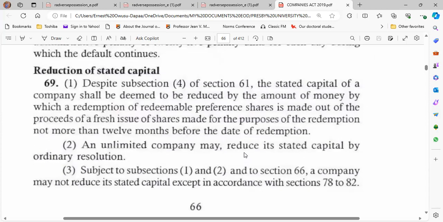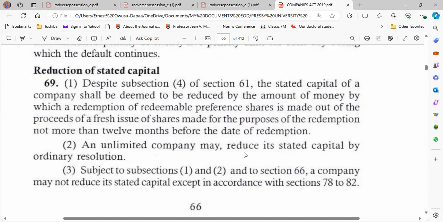But there's a strict procedure which must be followed before a company limited by shares can reduce its stated capital. And that is why an exemption has been created for an unlimited company. For an unlimited company, it's enough for you to pass an ordinary resolution. So if you look at 69(2), you can get your stated capital reduced.